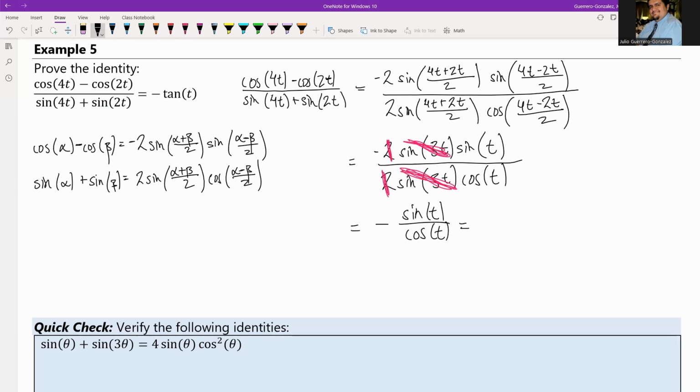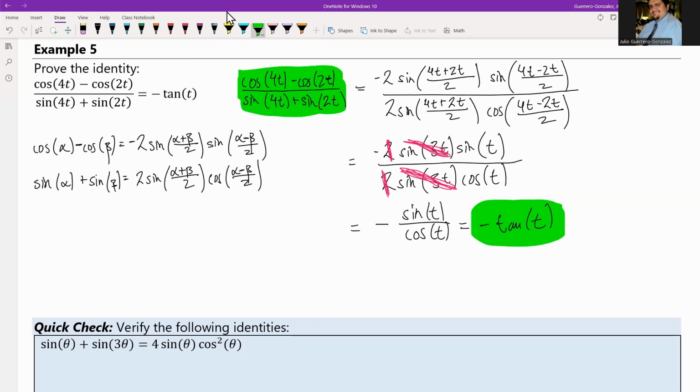And if you recall, that is just tangent of t, way back from chapter, whatever that was, chapter 5, I believe. So we got this all equal to negative tan t. Done. Okay.